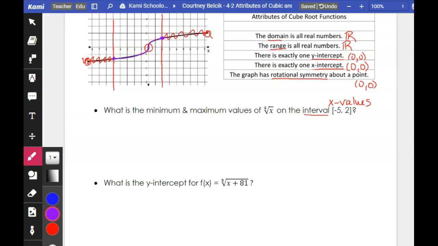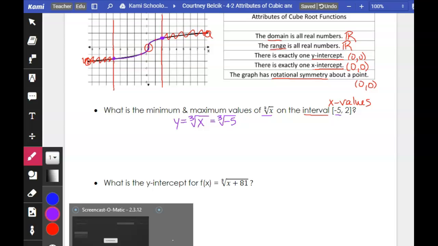Now notice that those 2 points don't really have nice, clean, ordered pairs. And so we're definitely going to have to do this algebraically. My equation is y equals the cube root of x. If I take my minimum interval value, -5, and if I substitute that, I get something that I can't really evaluate without a calculator.